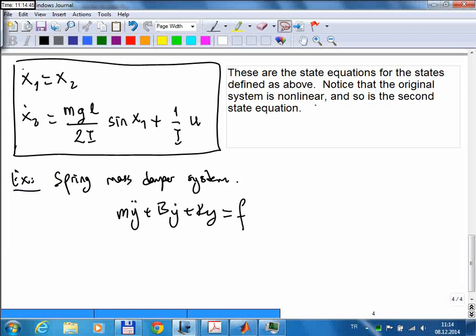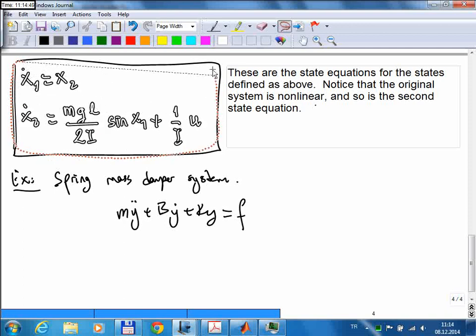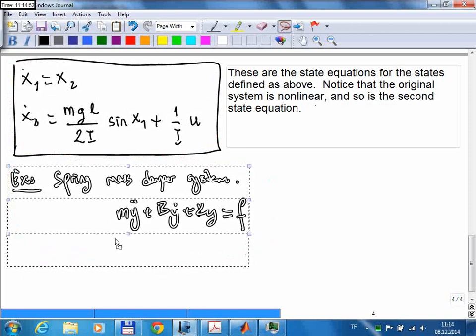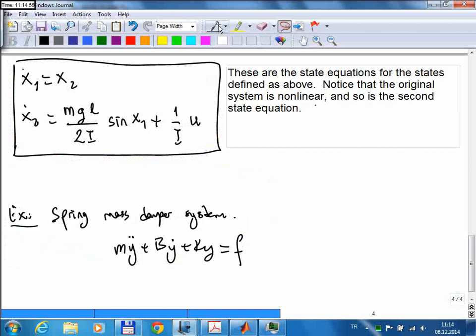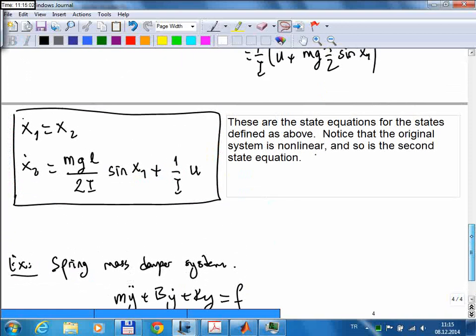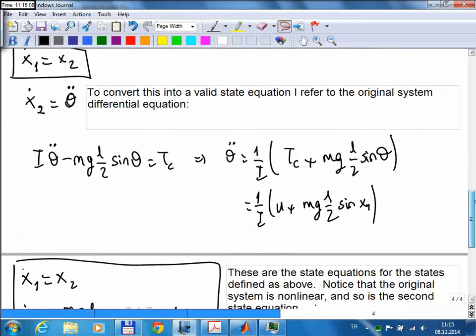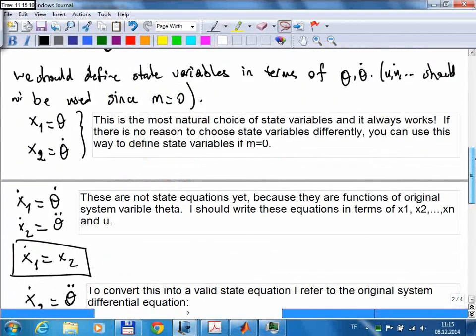In fact, the previous example is not complete yet. Writing the state equations by itself is not sufficient. I forgot that, so I should go back there. We also need to give the connection between the state variables and the original system output, theta.